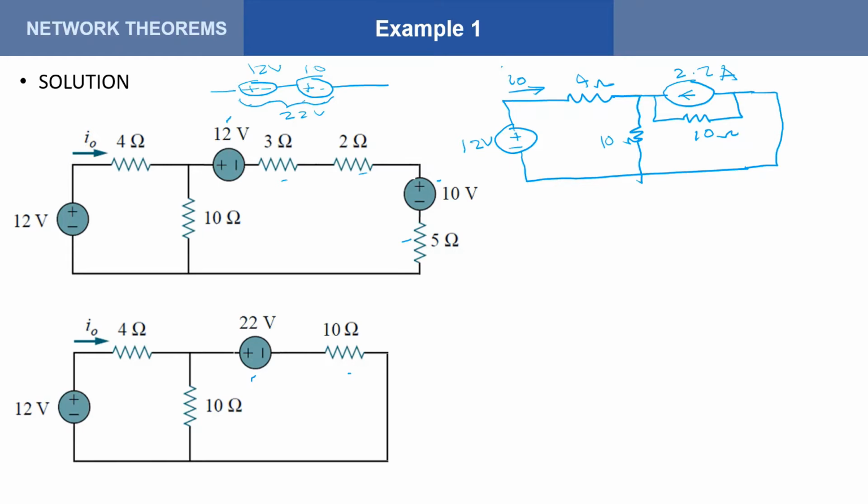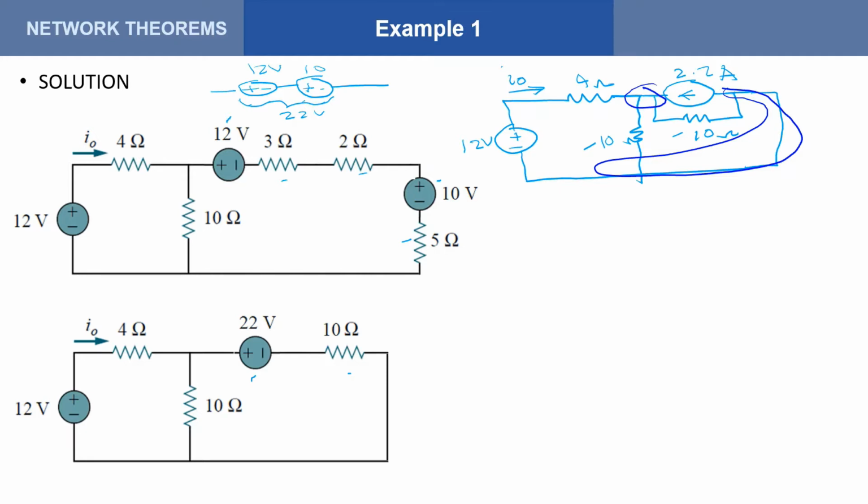So notice that these 10 ohms here and 10 ohms there are in parallel because they are connected to the same node. So node there and node here. Okay, so that means I can combine the two 10 ohm resistances, and since they are in parallel, that makes it a 5 ohm resistance.